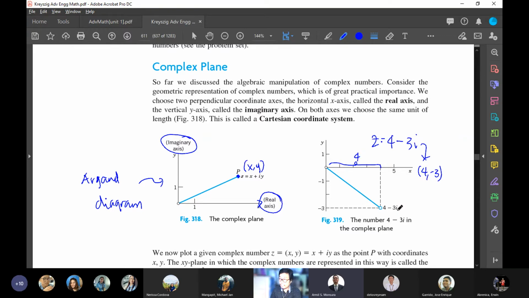Then we locate negative 3 along the y-axis, the vertical axis. We consider the downward direction because it is negative, so negative 3 means 3 below the 0. Therefore, their intersection is the location of your complex number 4 minus 3i. Is this understood?